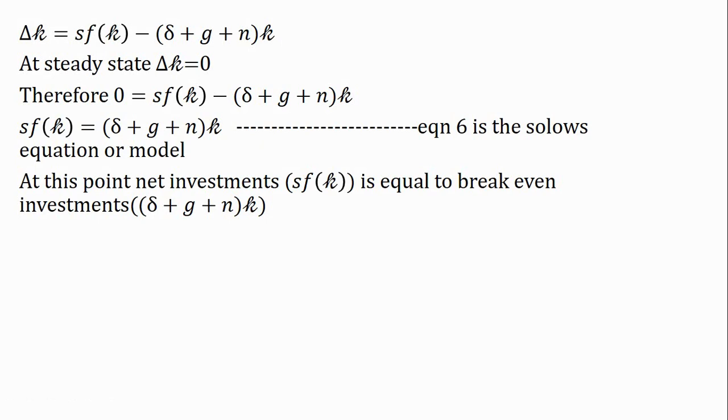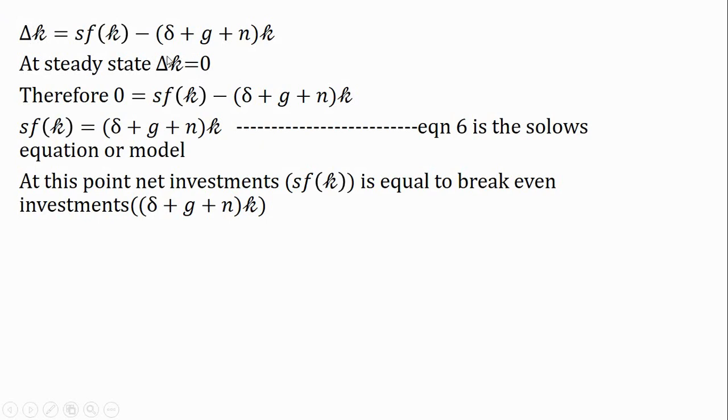Now when you are looking at the Solow's growth model, this model assumed a steady state point, or more of an equilibrium point. At the steady state equilibrium, they assumed that our change in capital per effective worker, which is the kappa, is equal to 0.